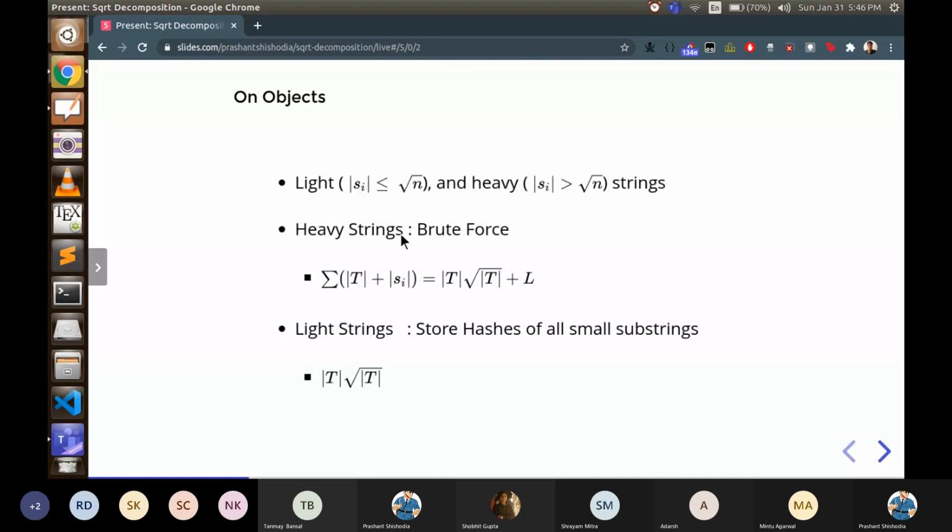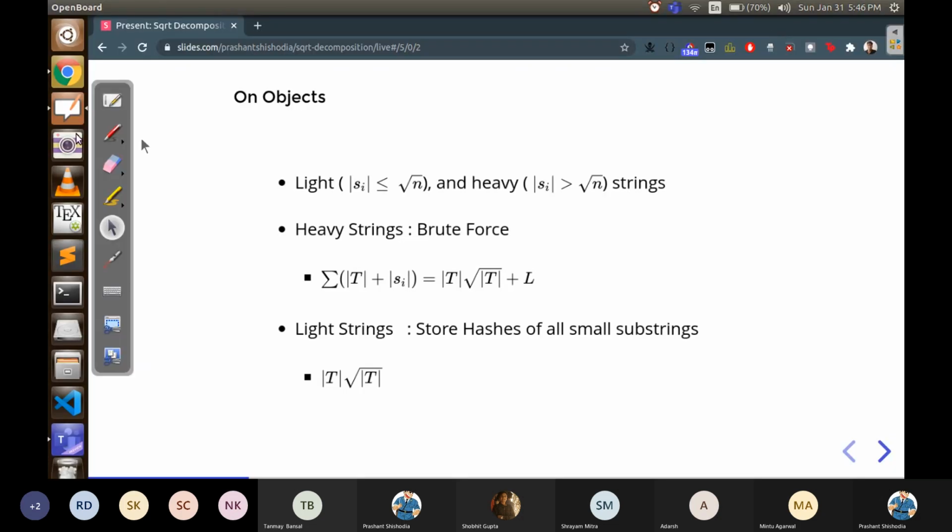So yeah, it's not brute force. When you are given two strings A and B and you have to check if B is a substring of A, this is a standard problem that you do with KMP.